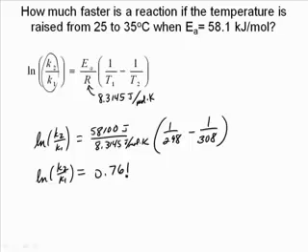To do the inverse of the natural log, K2 over K1 is equal to e to the 0.761, which is equal to 2.14.